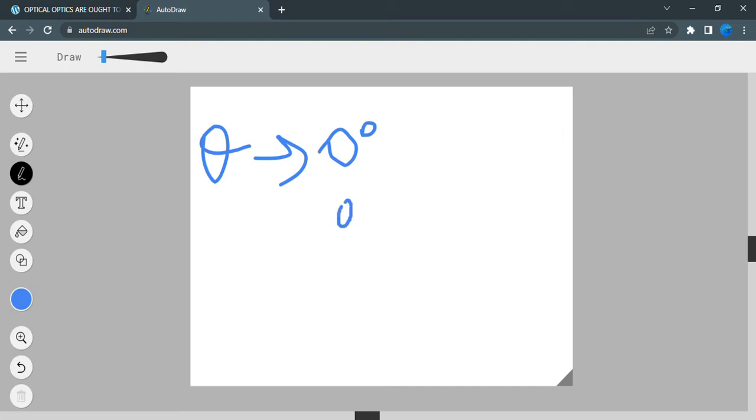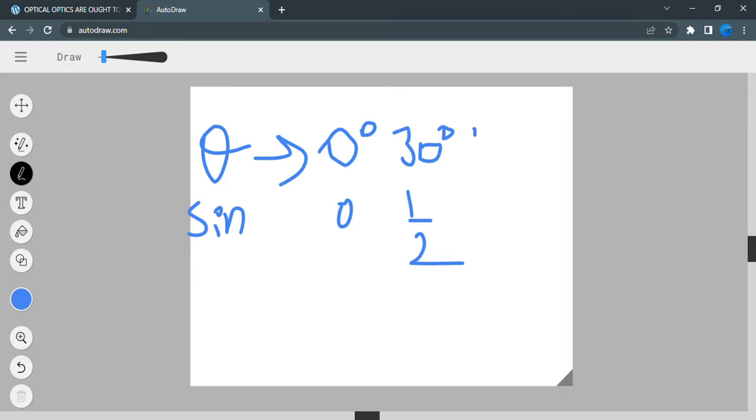First I'm writing sine. So sine of 0 degrees is going to be 0. For 30 degrees, it is going to be 1 by 2.